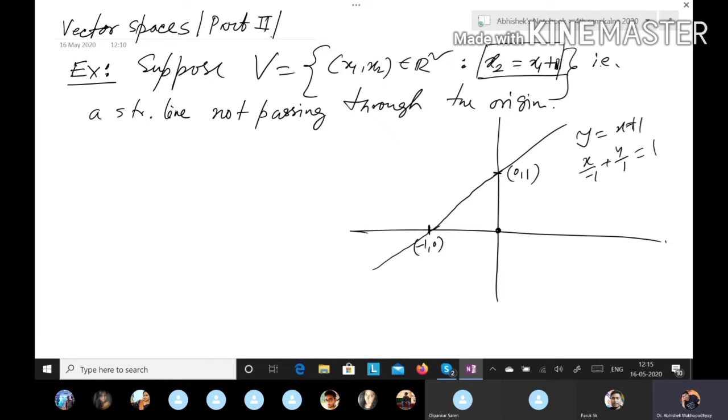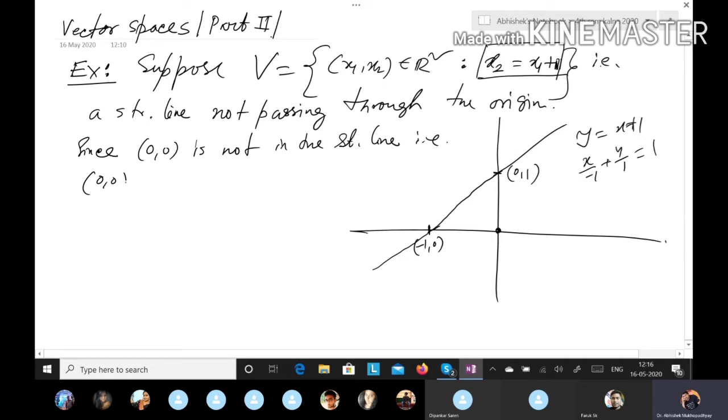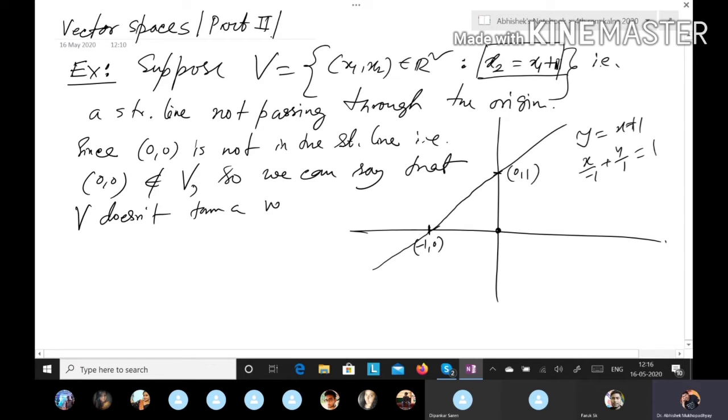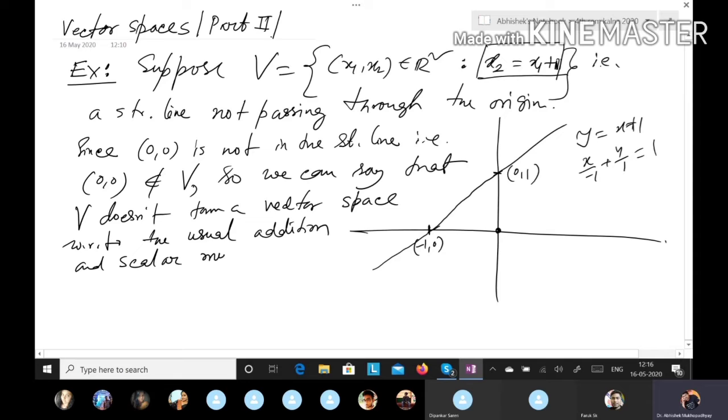Since 0 0 is not in the straight line, that is, it is not included in V, we can say that V doesn't form a vector space with respect to the usual addition and scalar multiplication induced from R2.